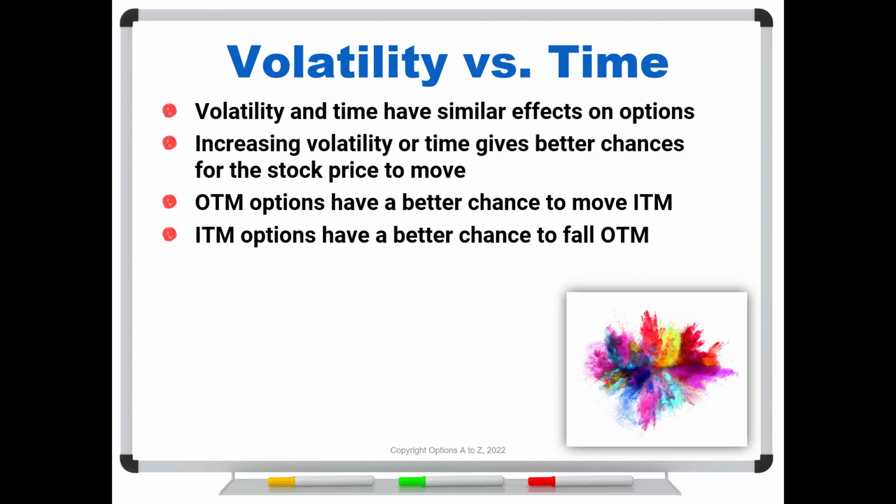Because once they're in the money, or in the case of vertical spreads, once both of those options are in the money, we'd love to see that be at expiration so that we've got a very high chance of that vertical spread expiring with maximum value. Or we could see volatility fall, and that would do the same thing. So those are really the important relationships to understand how volatility is going to affect your vertical spreads.